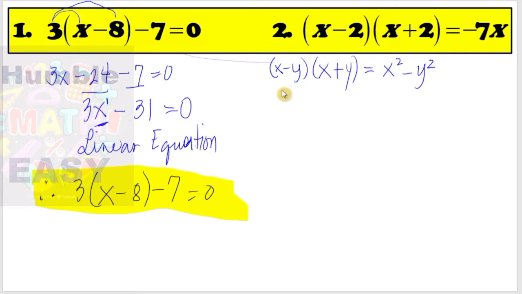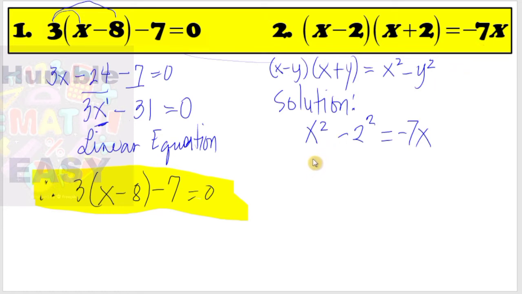So here it goes. The solution for the given problem number 2 is we have x minus 2 times x plus 2, using the special product. So we now have x squared minus 2 squared is equal to negative 7x, copying the given expression, which is negative 7x on the right side of the equation.